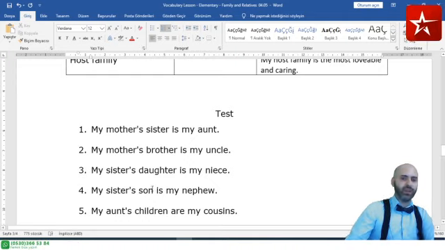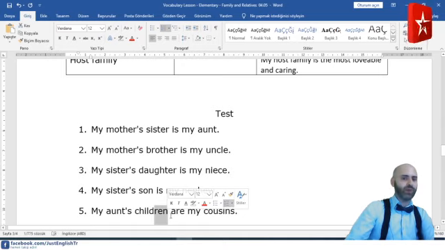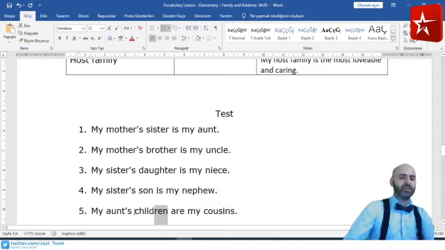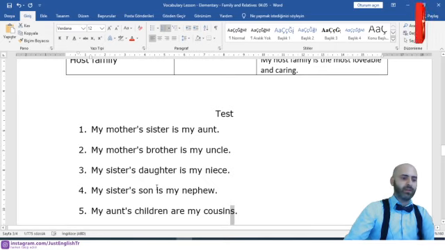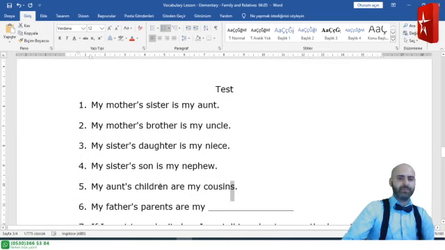Cousins, because we have children. Children is plural, not one. For one, we say child. Many, we say children. So because this is plural, again, I need to use plural here and cousins. Okay? Let's see question number 6.